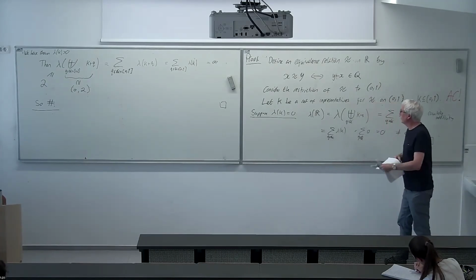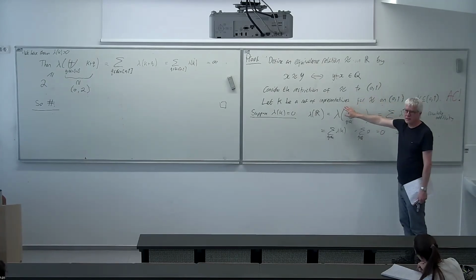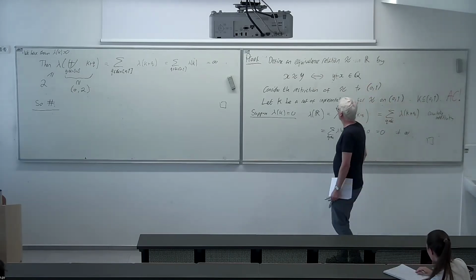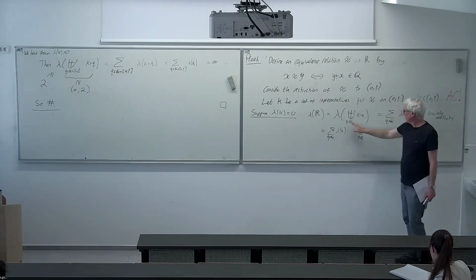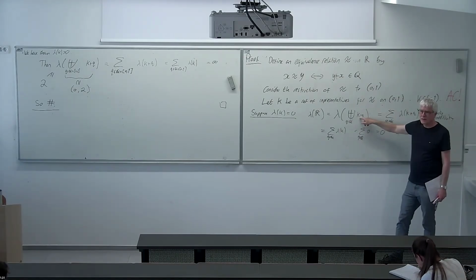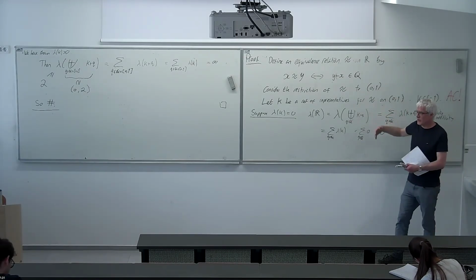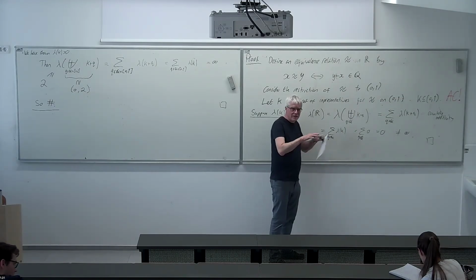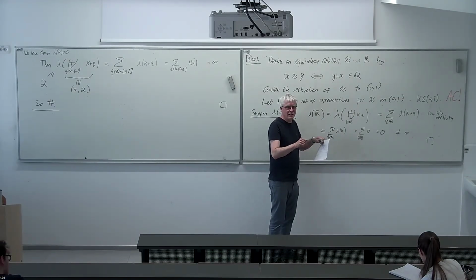Essentially the problem is the way we've defined this K: the real numbers are a countable union of disjoint translations of K. But K is so diffuse.